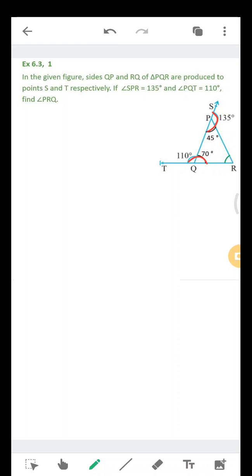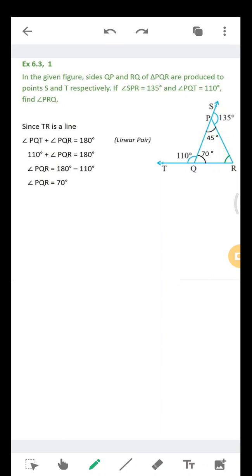So I can say this is 70, but you cannot write it directly. I have written the angles for your reference. Then after finding these two angles, I can use angle sum property and find the required angle, that is PRQ. So we'll write these all things step by step, very simple.